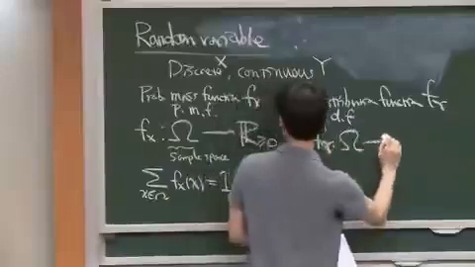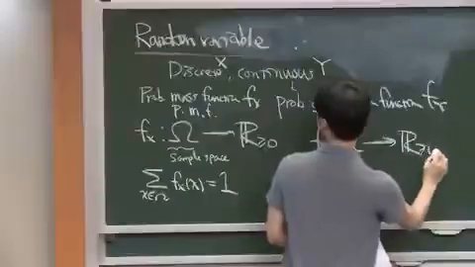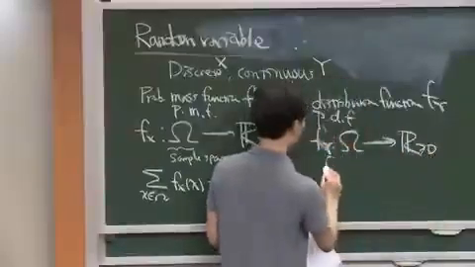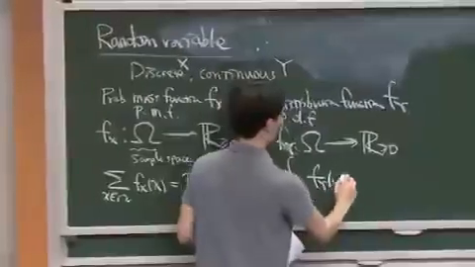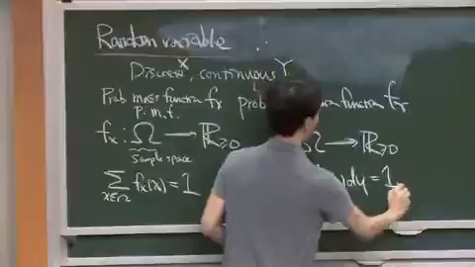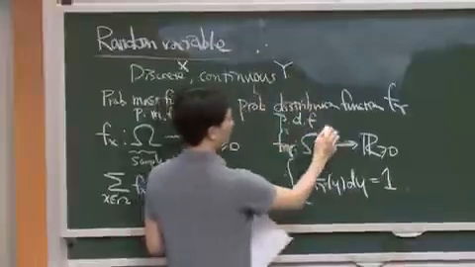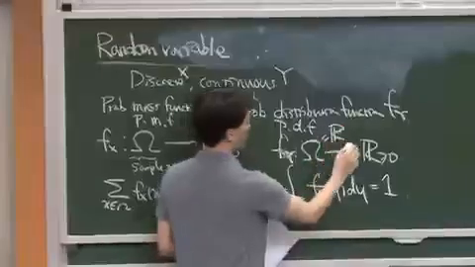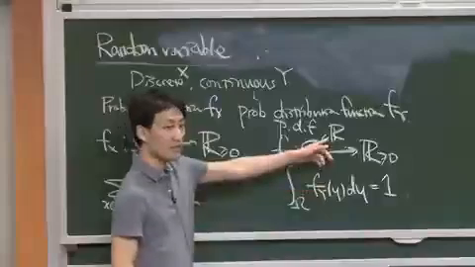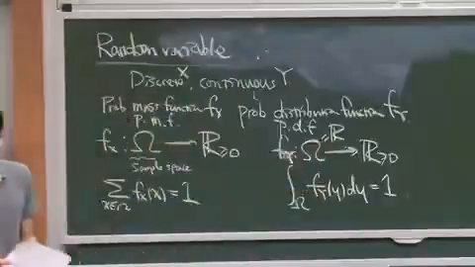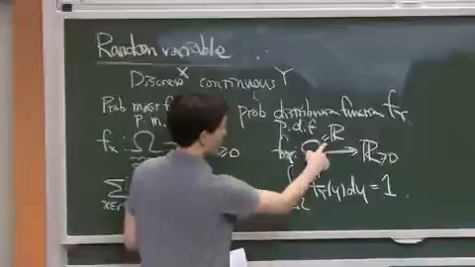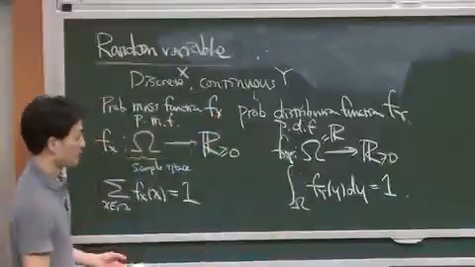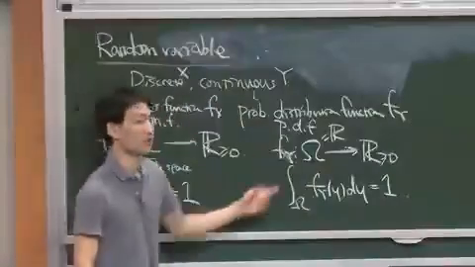The function from the sample space to non-negative reals, but now the integration over the domain equals 1. So it's pretty much safe to consider our sample space to be the real numbers for continuous random variables. Later in the course, you will see some examples where it's not the real numbers, but yeah, for now, just consider it as real numbers.